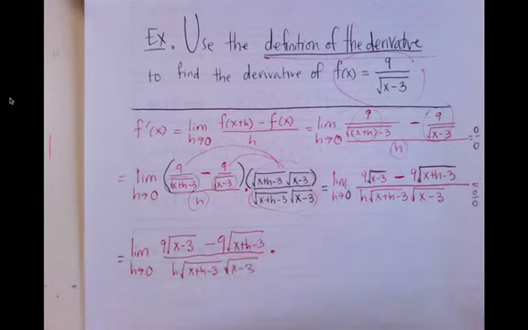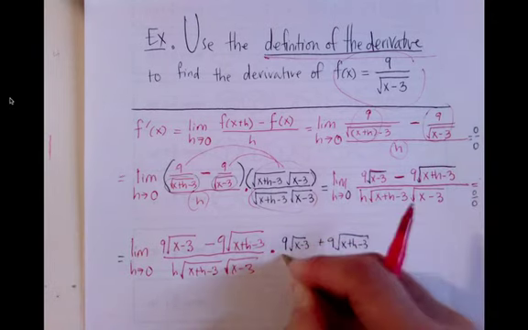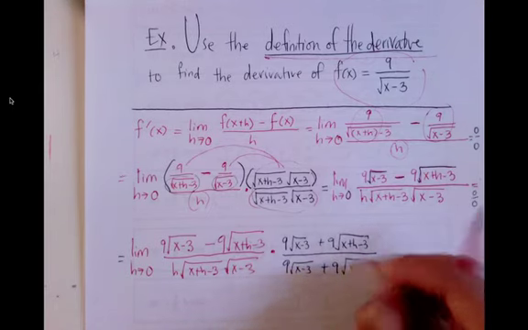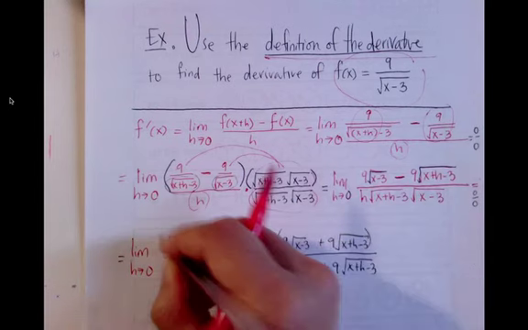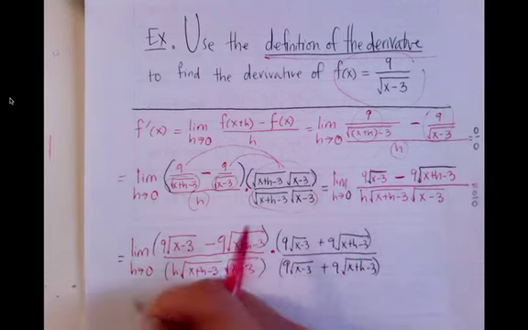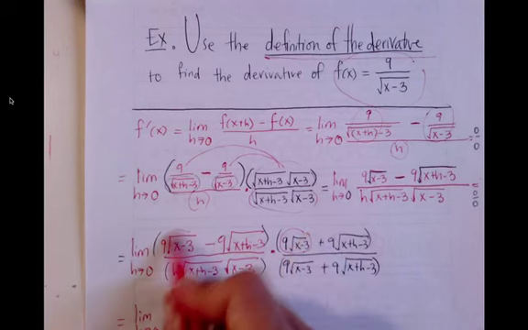I'm going to multiply by the conjugate of the numerator over itself. So that's just equal to 1. And this is just going to give me a difference of squares, this times this.